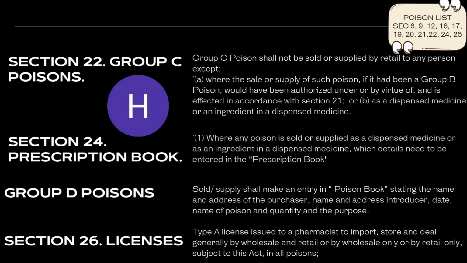And the group C poison shall be a dispensed medication or an ingredient in a dispensed medication. Don't forget to take a look at the examples of the products that have been attached in the slides material.